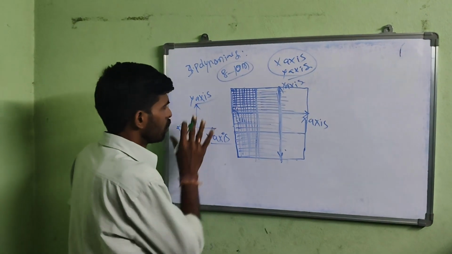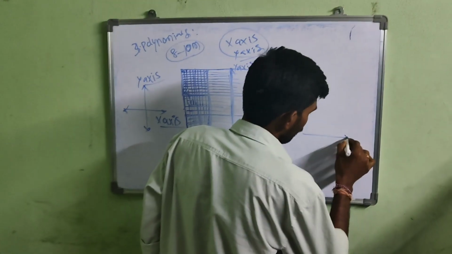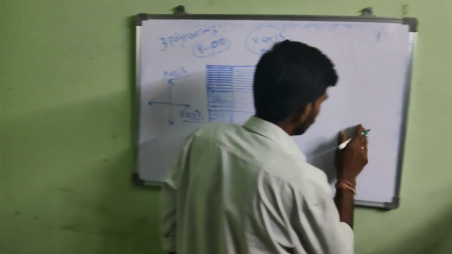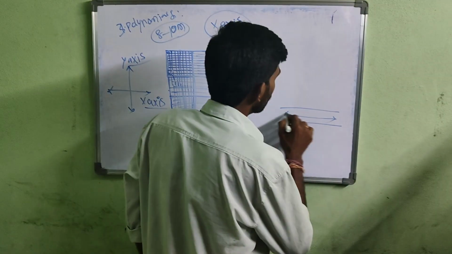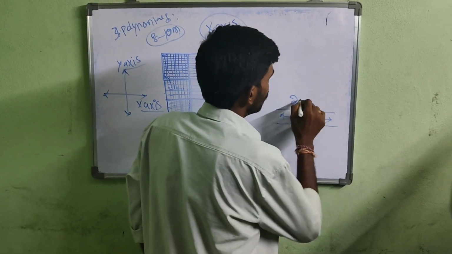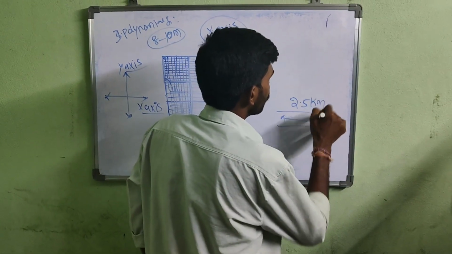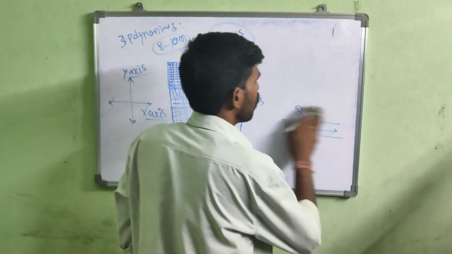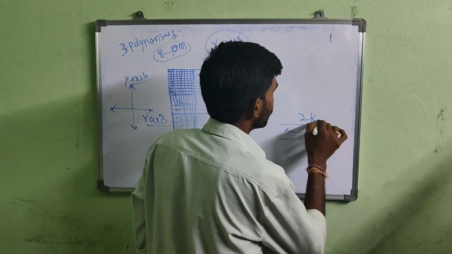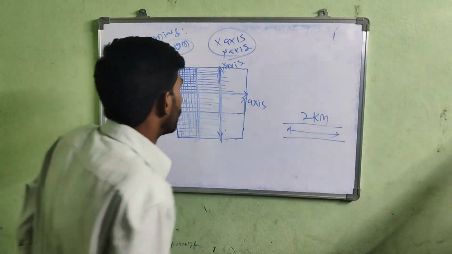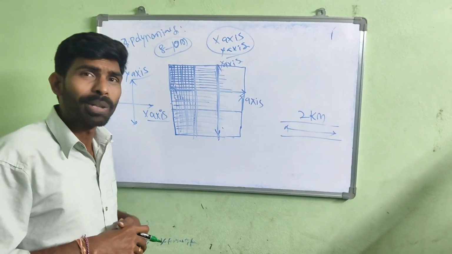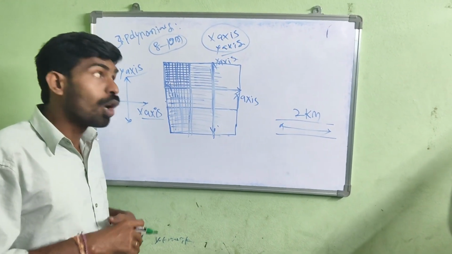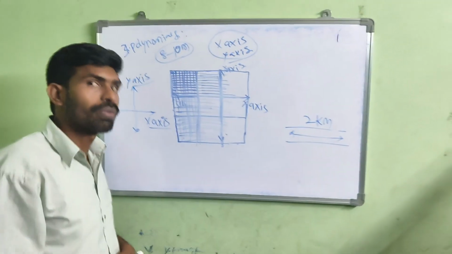Okay, now x-axis and y-axis. For example, this is a road. The distance of the road is 2.5 kilometers, or let's take 2 kilometers. The paper is not 2 kilometers, so how can we represent it on the graph?